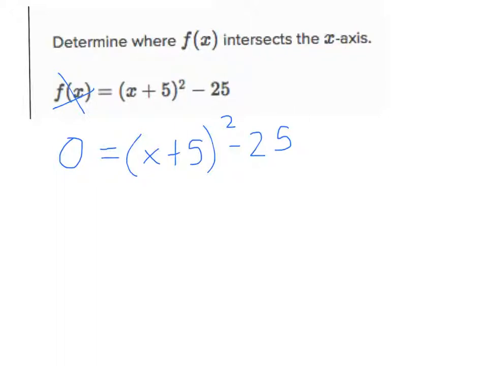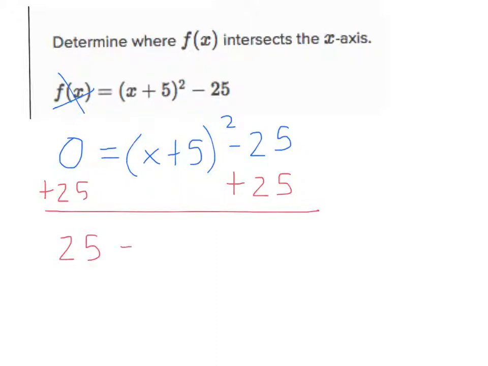Now to solve this equation, I first need to isolate the x plus 5 squared. So I'm going to take this 25 and add it to both sides. And so I have 25 equals x plus 5 all squared.